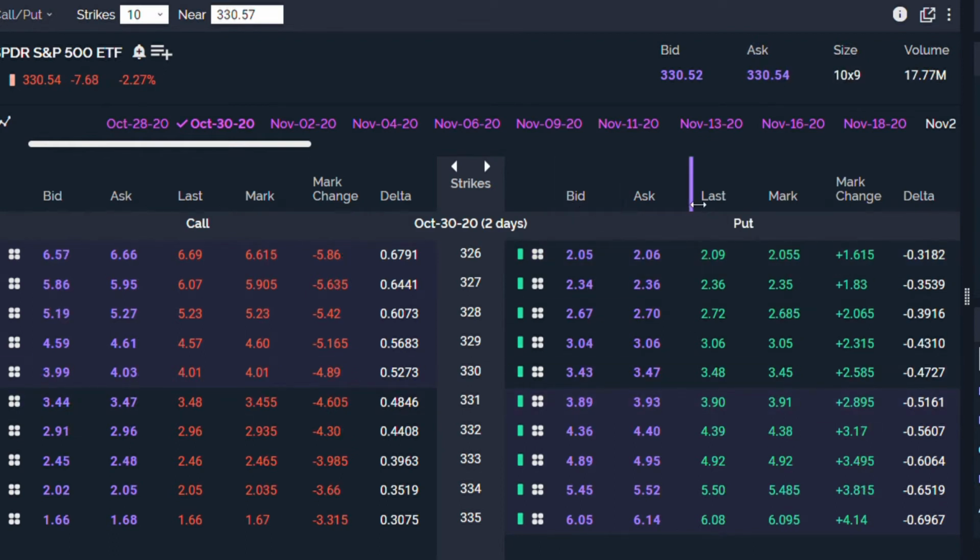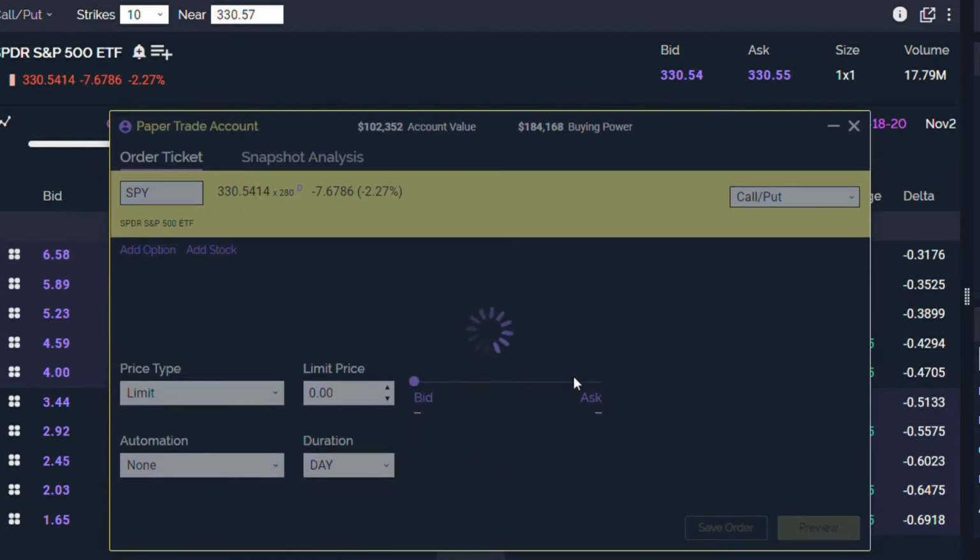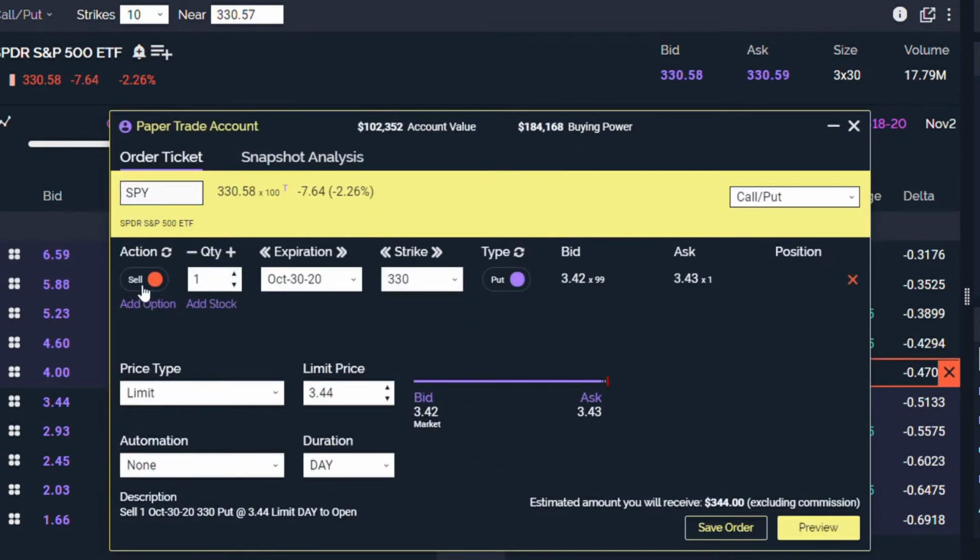But our bid and our ask is the difference between our sellers and our buyers. Bidding, so we click on that, it will give us sell. So we can sell this for 3.42, though it's bouncing around a little right now because the market's down like 2.5%.